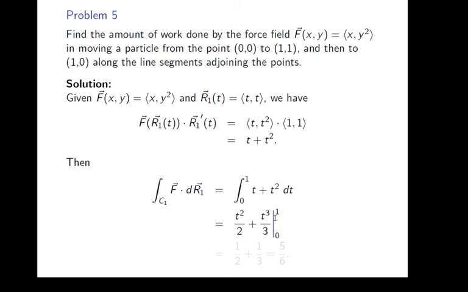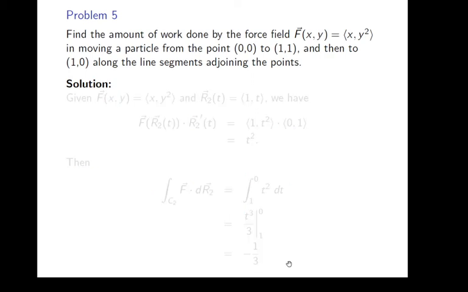And so we will have 1/2 plus 1/3. And when we plug in 0 in this sum, we get 0. So this line integral is equal to 1/2 plus 1/3, which is equal to 5 over 6. So the line integral of F along C1 is equal to 5 over 6.